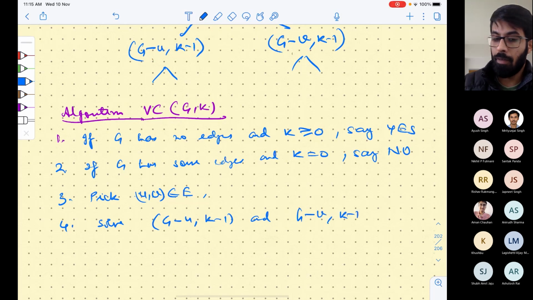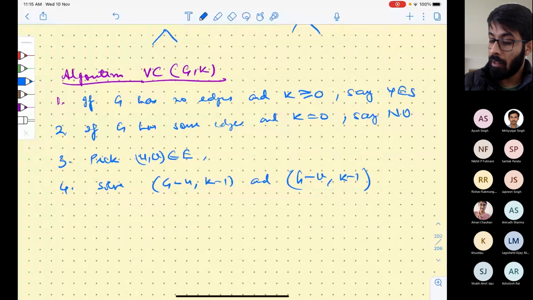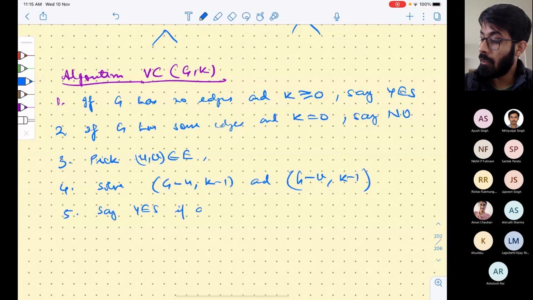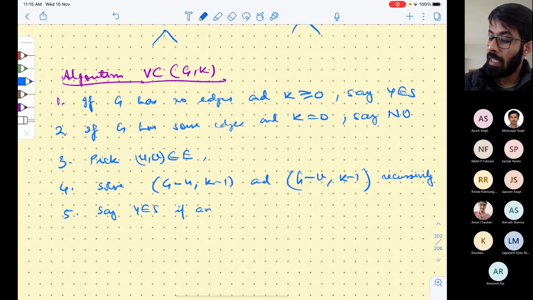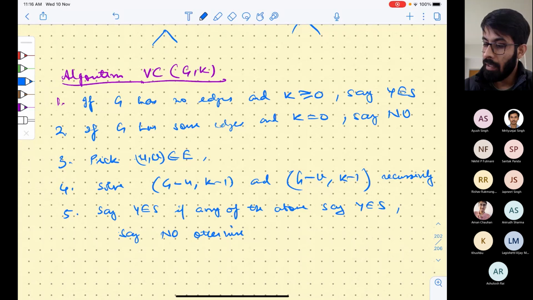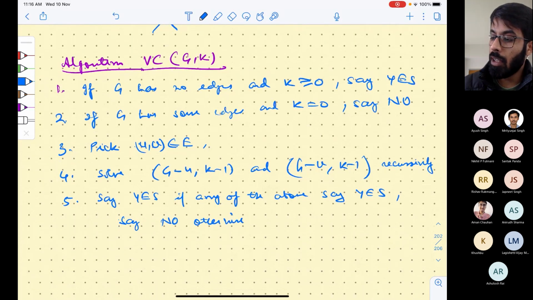Right. And fifth, say yes if any of the above, recursively, say yes, and say no otherwise. And that's it, right? So this is the algorithm.